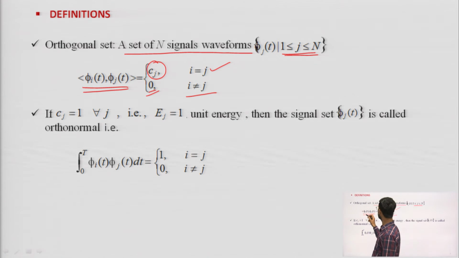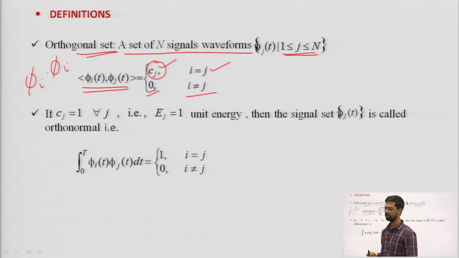Okay. So, if i equals j, your phi i will be equal to some constant, then it is known as an orthogonal set. Otherwise, if i and j are not equal, then it would be 0. So, this is nothing but the orthogonal set.